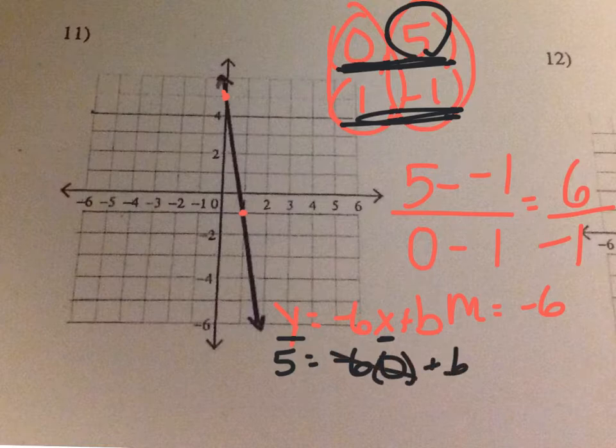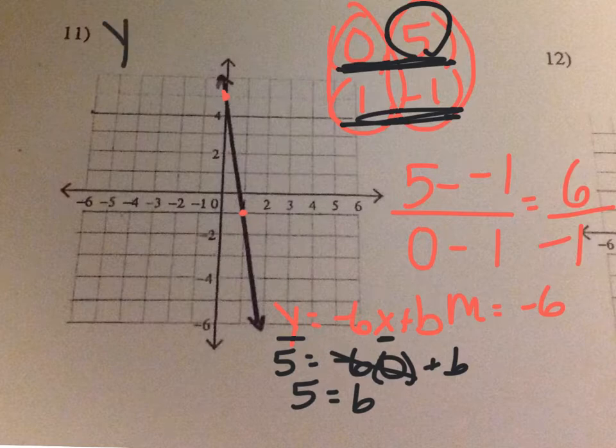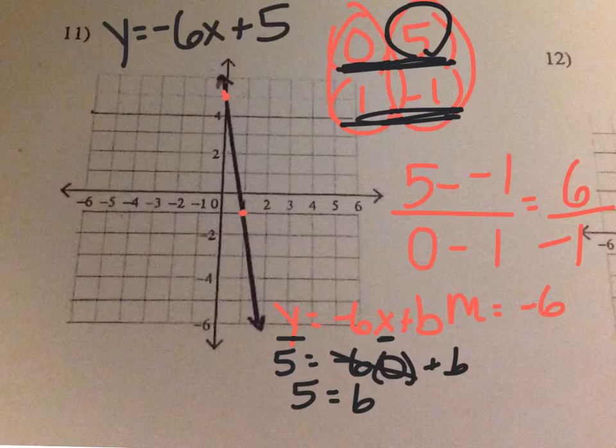Negative 6 times 0 is 0, so we get a y-intercept of 5. So the final equation is y equals negative 6x plus 5, and we can check that by the y-intercept is 5, there's that point right there, and then a slope of negative 6 would be down 1, 2, 3, 4, 5, 6, and over 1.